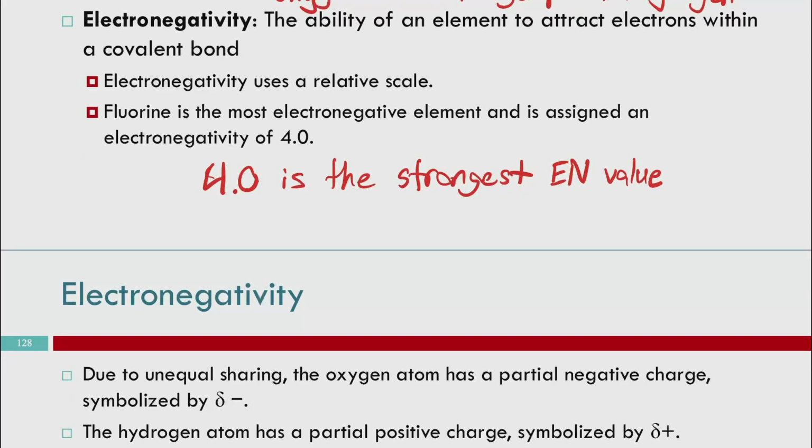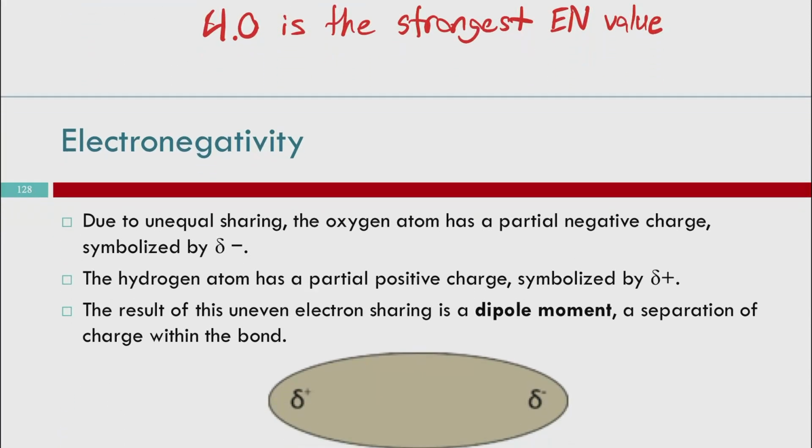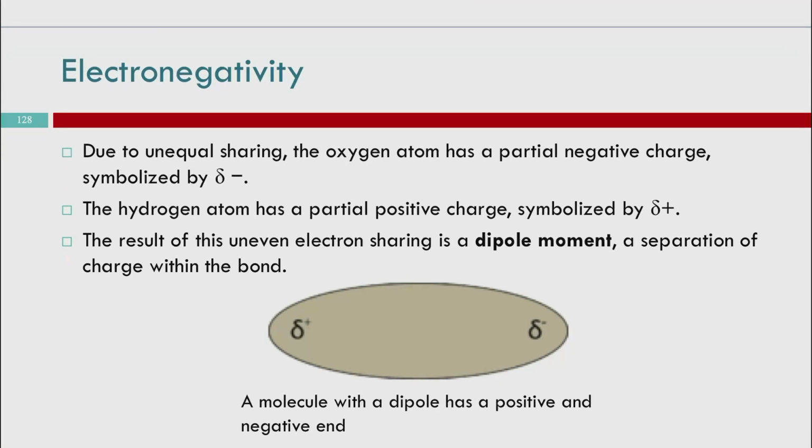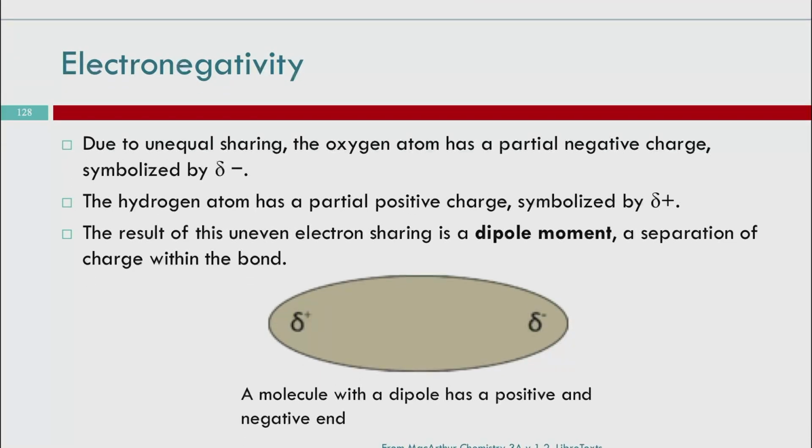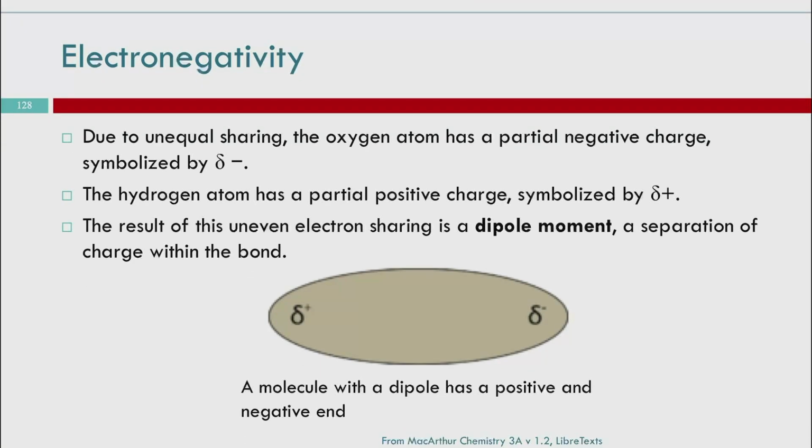Because of that unequal sharing of the electrons, the oxygen atom has a partial negative charge, symbolized by, I think that's sigma. So that's our symbol for partial negative charge.